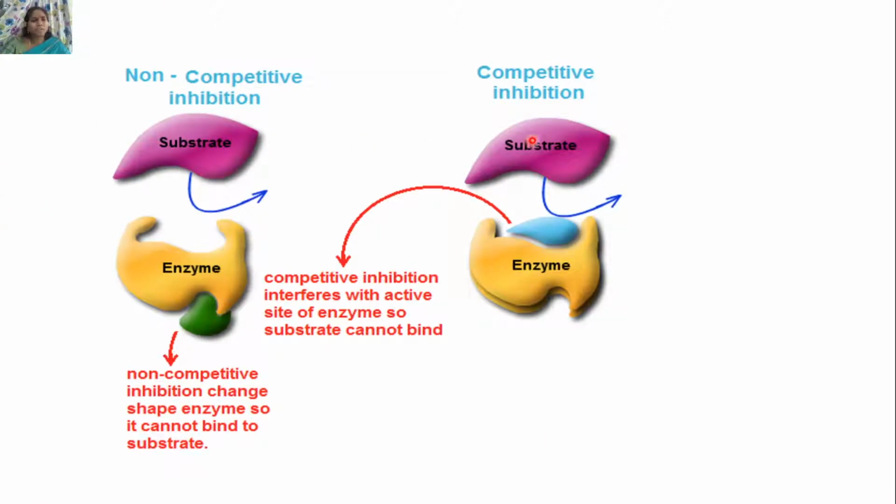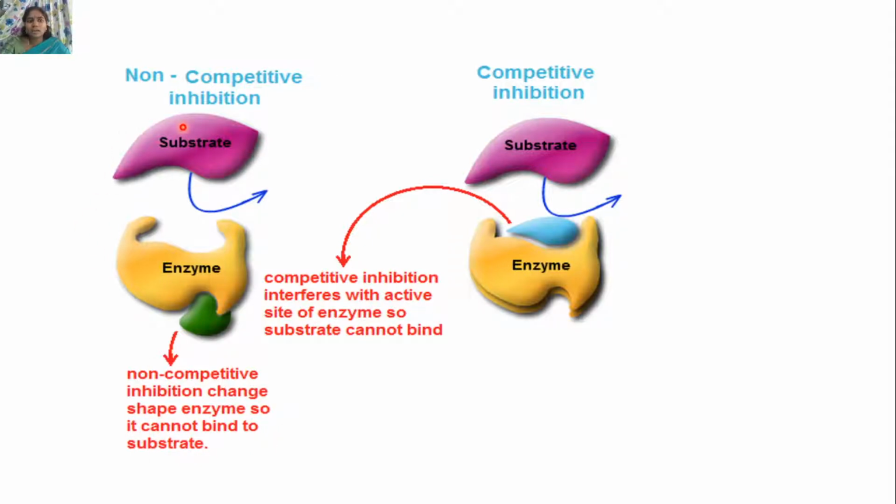There are two types of enzyme inhibition given in your syllabus: non-competitive inhibition and competitive inhibition. So what is non-competitive inhibition? This is an enzyme, this is a substrate. You can see the other binding site here, a region other than the active site where the inhibitor binds. Non-competitive inhibition changes the shape of the enzyme, so it cannot bind to the substrate.